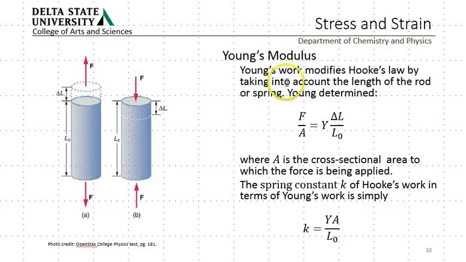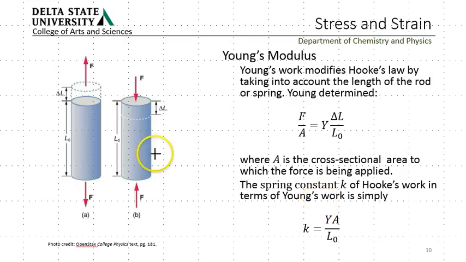And the formula is the force per unit area. Force per unit area I'm pushing down with, or I can even be pulling up with a certain force per unit area, is proportional to Young's modulus times the change in length over the original length. L naught is your length when no force is applied.